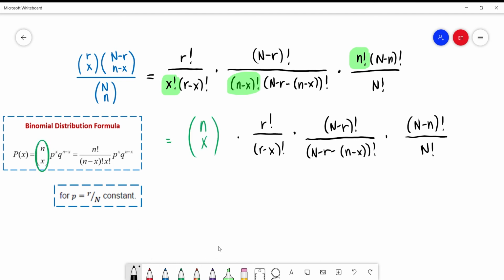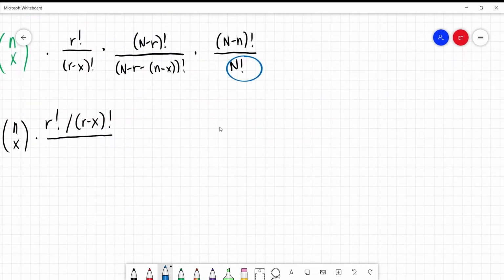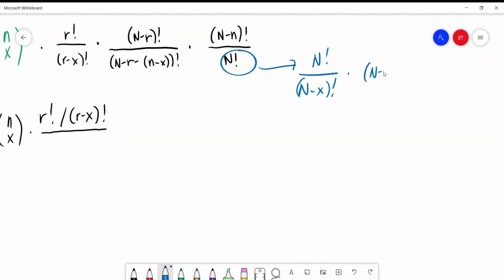Then we have this p here. Know that p is equal to r over big N, and we already have r. We also need the permutation of big N like we have the permutation of r here. We can get this permutation of big N by the big N factorial here. Let's break it down.